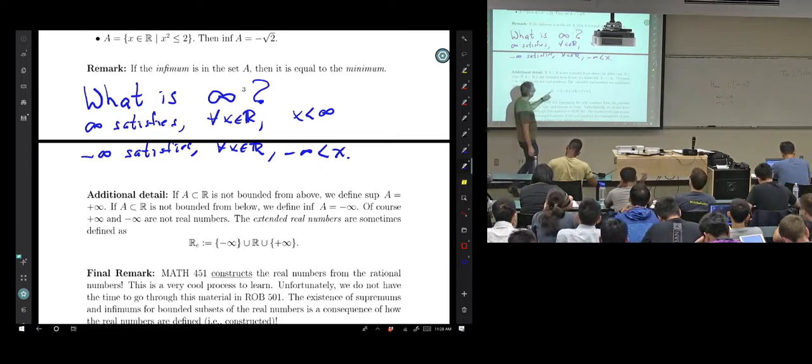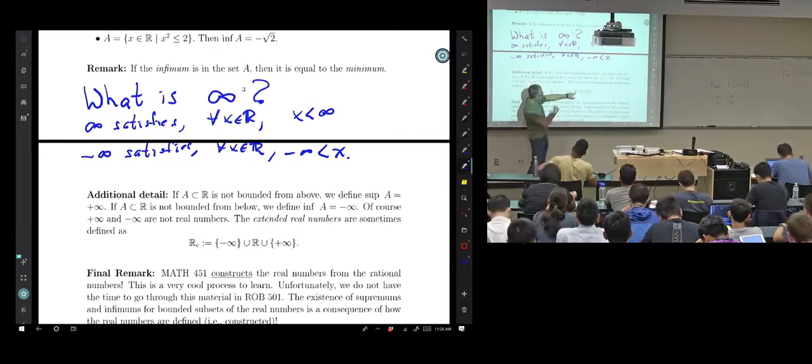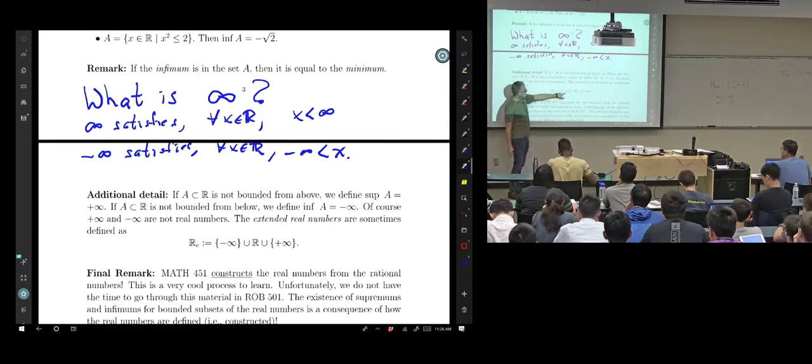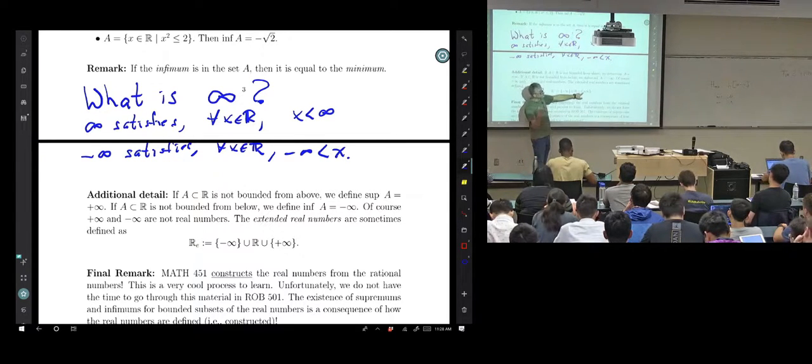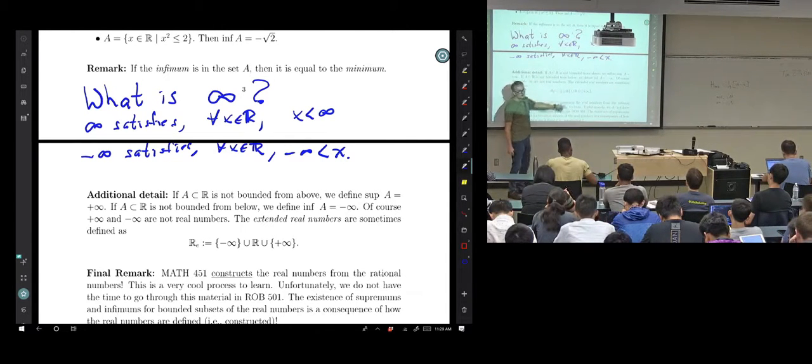So one often works with something called the extended real numbers, where you take the union over all real numbers, you add in infinity, and you add in minus infinity. You never really write the plus, but it's just to be extra super clear. So this is the sup over all real numbers, and this is the infimum over all real numbers, by convention.